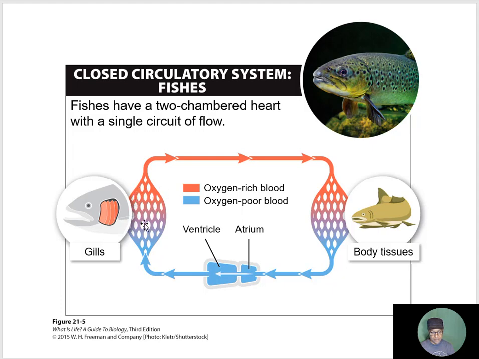And now the blood is oxygen-rich blood, and it flows back through the body tissues. All the cells are supplied with the oxygen, give up their CO2, and it flows back. The blood flows back into the atrium, and the circuit continues. So this is a closed circuit with a two-chambered heart, and we see that in fish.